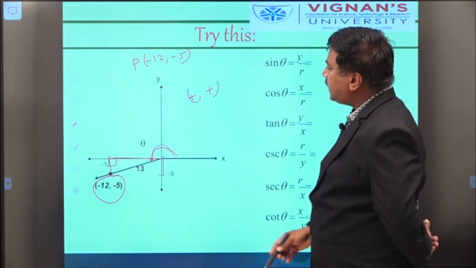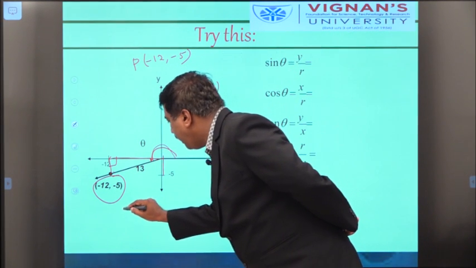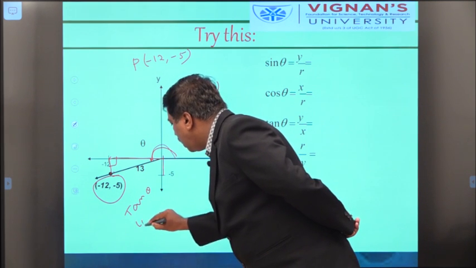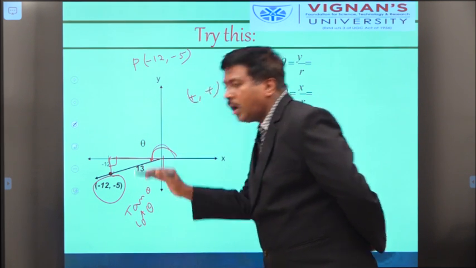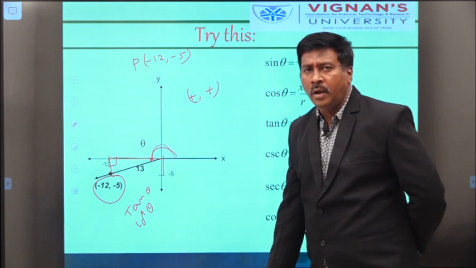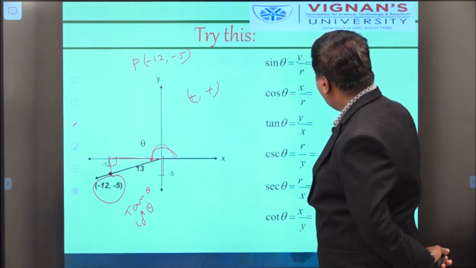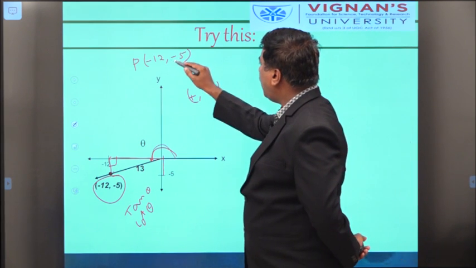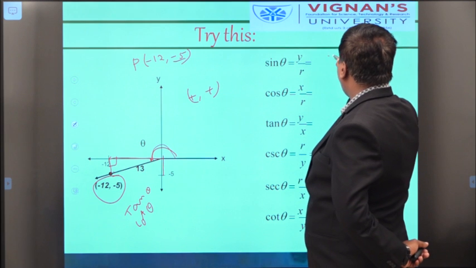Now, in the third quadrant, all of you keep in mind, tan theta and cot theta are only positive, and all the other trigonometric ratios are negative. Therefore, sin theta equals y by r. What is the value of y? y is minus 5.